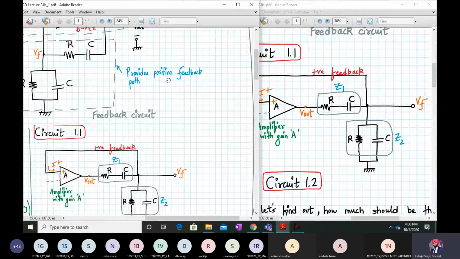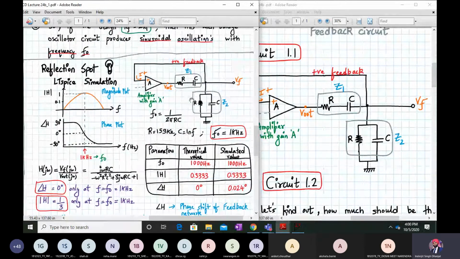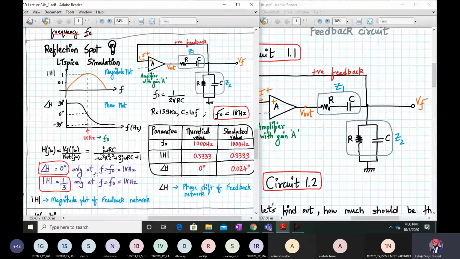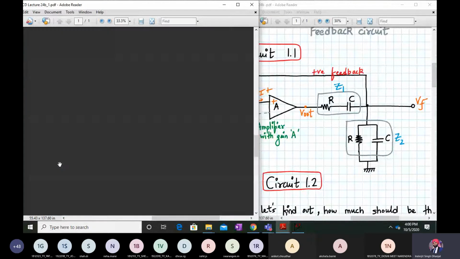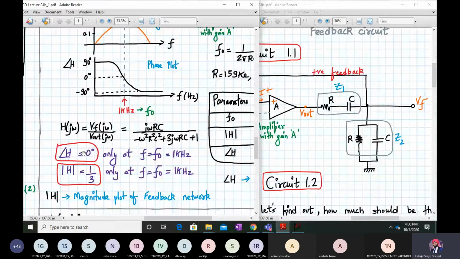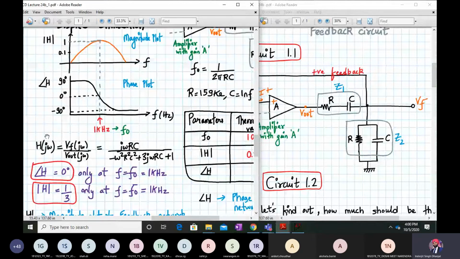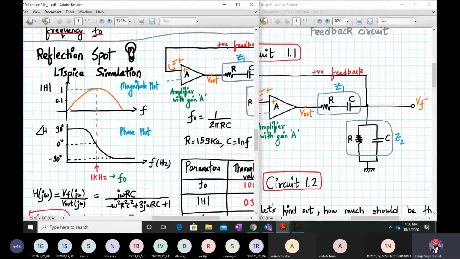Now what we will do is we'll have a reflection spot now. We'll quickly verify. We all know what h of j omega is, right? H of j omega is nothing but a transfer function, Vf upon V out, correct? So that is nothing but my k only, but I am writing in terms of transfer function. So you all know how to plot a magnitude plot. This is my magnitude plot and this is my phase plot.